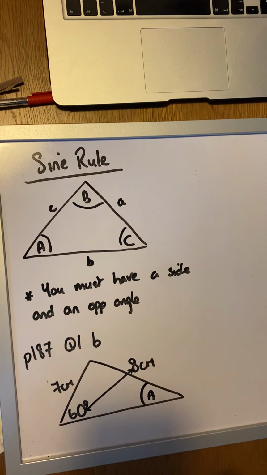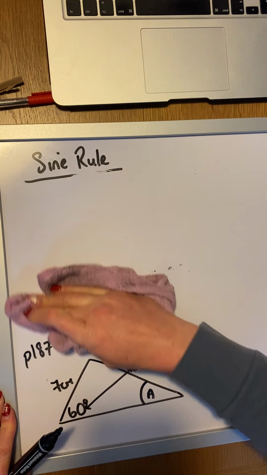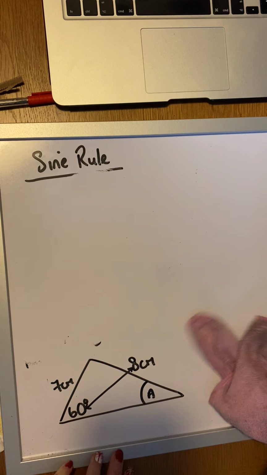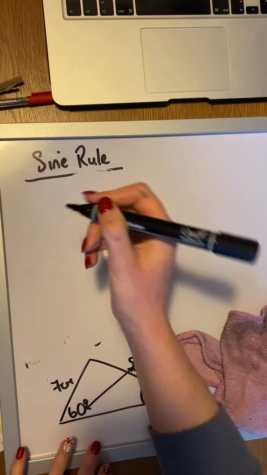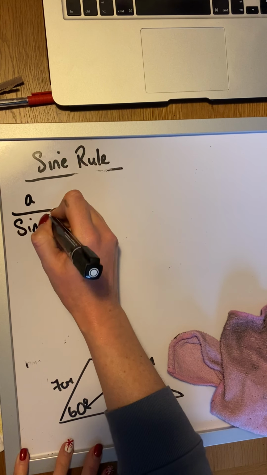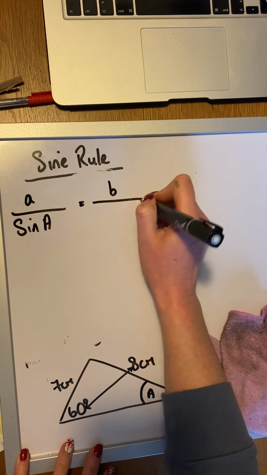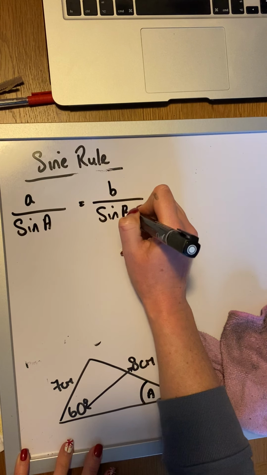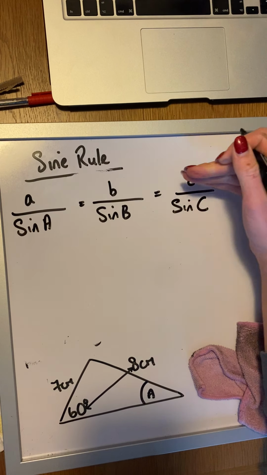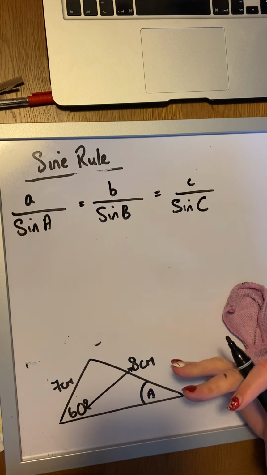So the formula for the sine rule is a over sine A equals b over sine B equals c over sine C. In other words, all the sides and angles are in proportion to each other.